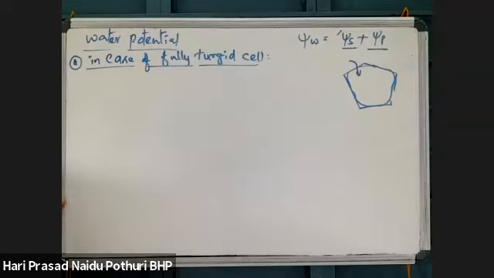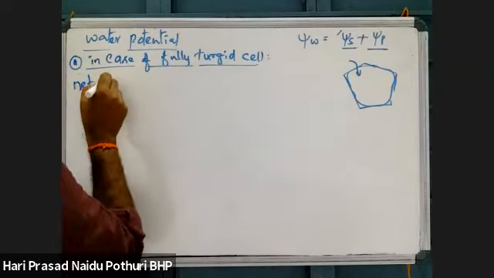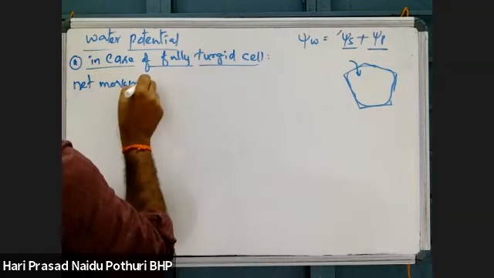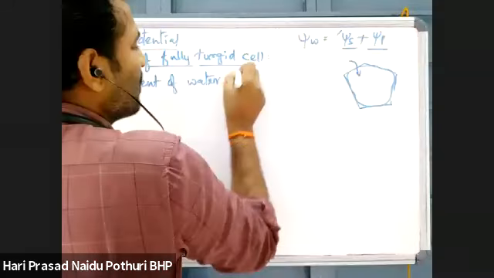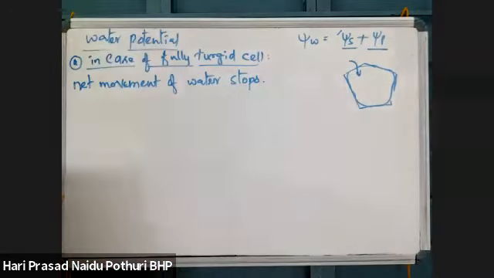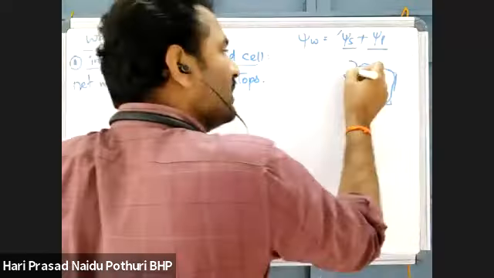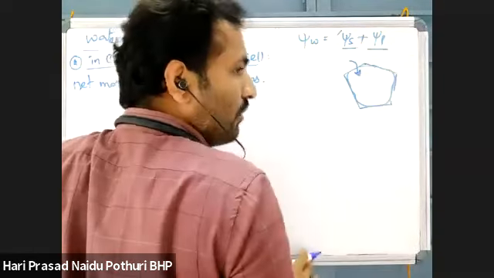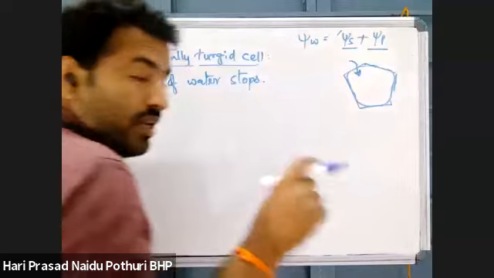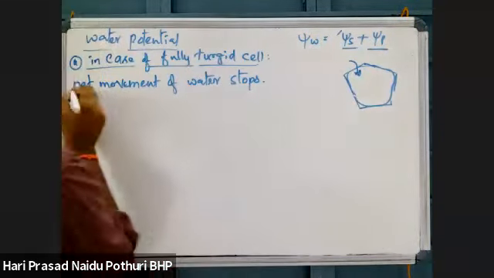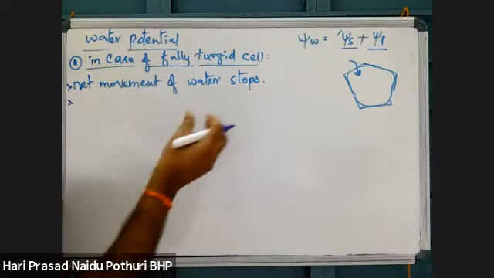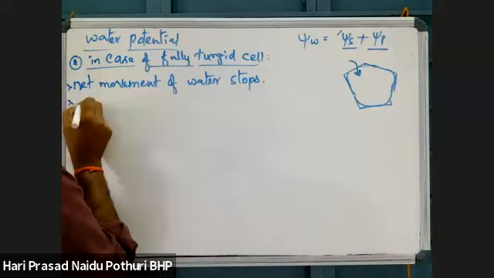Here, in case of fully turgid cell, net movement of water will be stopped. Net movement of water stops here. There is no entry of water inside the cell. Okay. So when this turgidity will come, when a cell is kept in water, it will absorb maximum water and it will become swollen or taken up more amount of water.